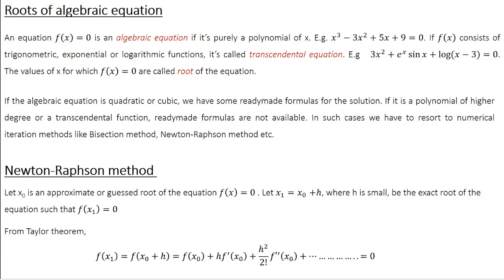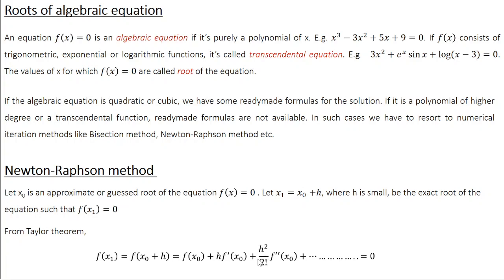As I said, if your initial guess is good, then x0 and x1 are closely spaced, which means the value of h is very, very small. So from this series expansion, h square, h cube, etc., they are going to be much smaller compared to h, right?